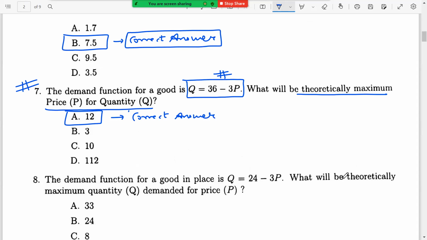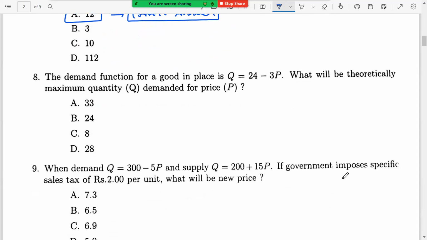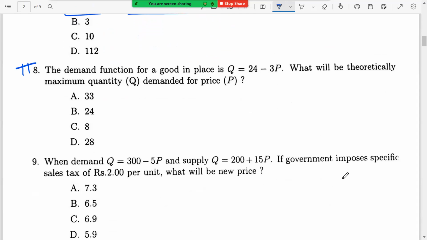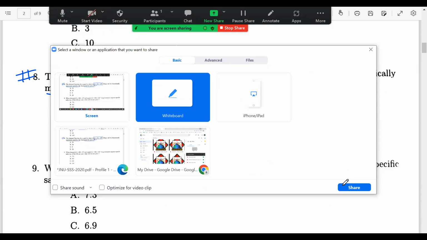And then guys, let's quickly look at the last question for this particular lecture, after which we stop. Question number 8, let me correct myself. Very easy. Again, we are given the demand function 24 minus 3p. What is the theoretically maximum quantity demanded for the price?